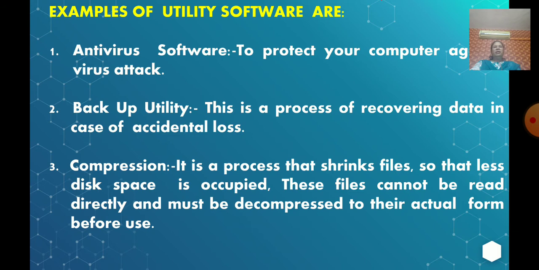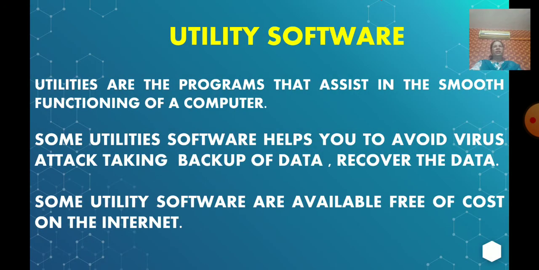If it is a movie file, the file size is very big, right? Then you can compress the file with the help of the particular software and put it in your pen drive. So antivirus, backup utility and compression, these are all utility softwares. Some utility softwares are available free of cost on the internet.